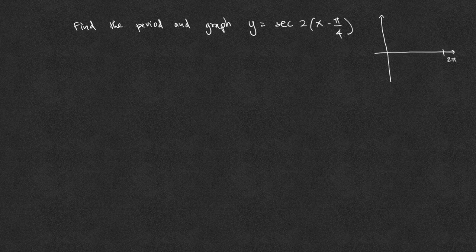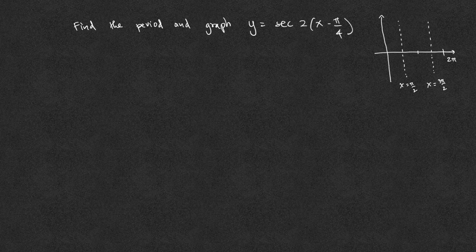Going from 0 to 2 pi, there is a vertical asymptote at pi over 2. This is for the graph of secant of x, and another at 3 pi over 2.